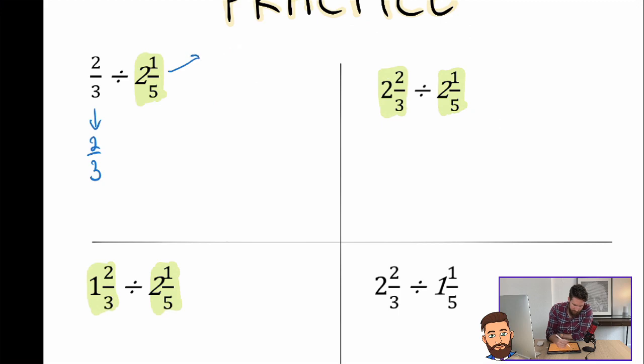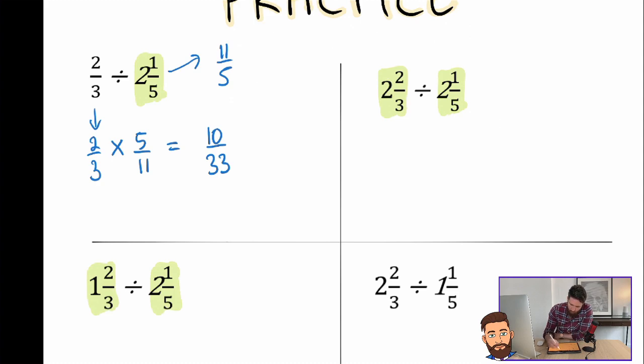When we change this to be top heavy, remember 5 times 2 is 10, plus 1 is 11 over 5. And then we need to flip that because we're changing to a times and flipping 11 over 5, so that'd be 5 over 11. And then we're timesing, which is 10 over 33, which cannot be simplified.